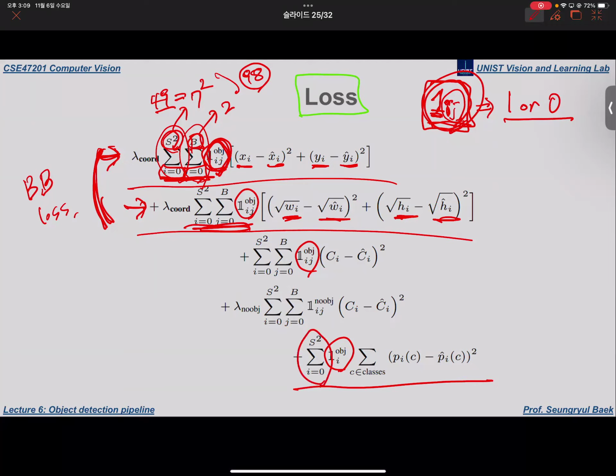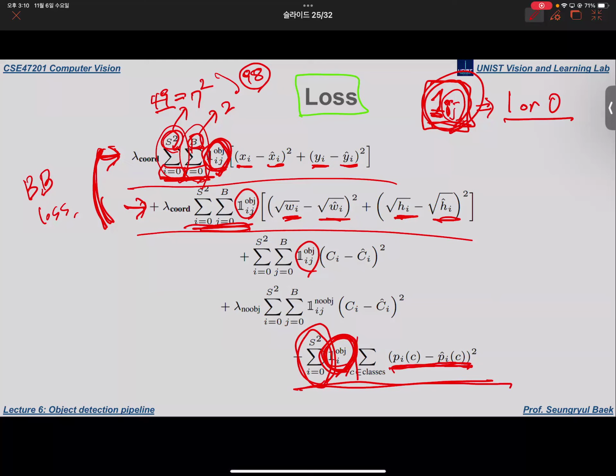For this part we have to loop through all the grids. This would be 1 if the grid has the object inside, and 0 if there is no object inside that grid. We apply this only when that grid has the foreground object. If that grid has the foreground object, we estimate its class probability.